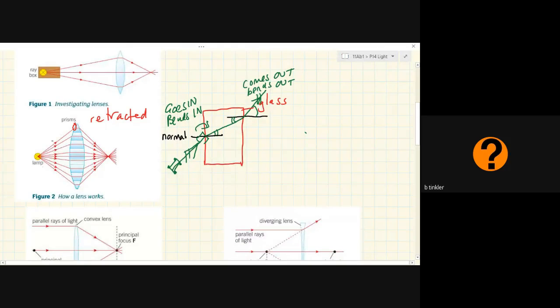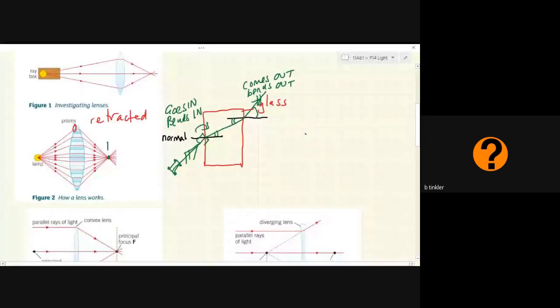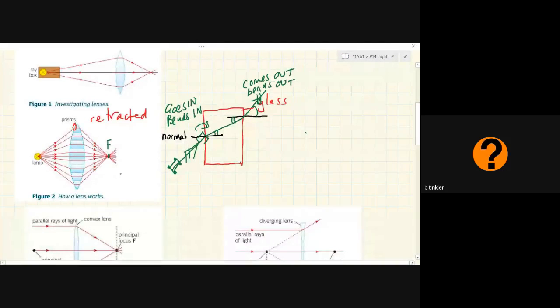So a lens works through refraction, and because this infinite stack of prisms are different thicknesses, and you've got less of an angle here, look, you get different amounts of bending, and they bring the light to this point that we call the principal focus.